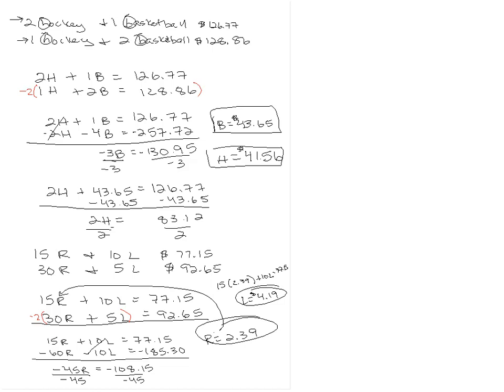The last one we're going to try is a system, but it is a system with 3 variables. So, what if at Panera Bread a loaf of honey wheat costs $2.59, sunflower costs $2.99, and French bread costs $3.29.